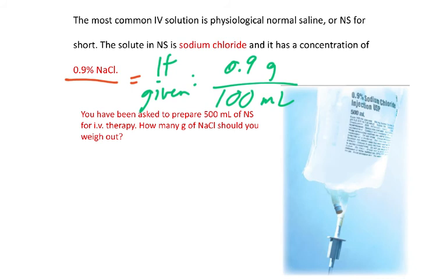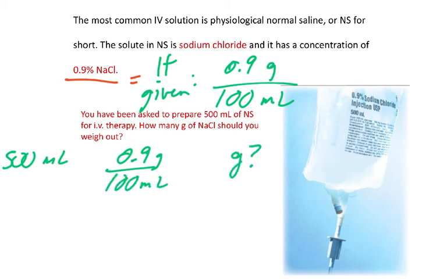Because 0.9% means 0.9 per 100. Right? So this is how we want to use it in our conversion here. So now we have 500 milliliters. We have a concentration. And we want to find grams.